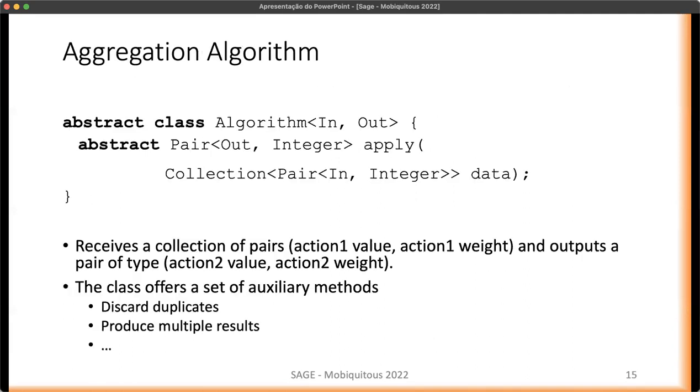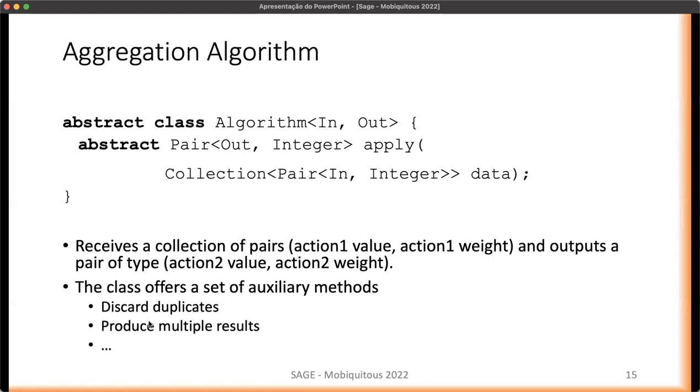Here we have an example of the signature of the method that has to be overridden to define an aggregation algorithm. It receives a pair of values and the weight of each value, and must output a pair with the type of the output, and also the weight of all the sources that were taken into consideration when computing this value.